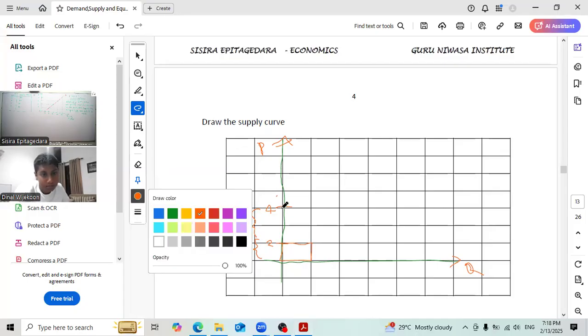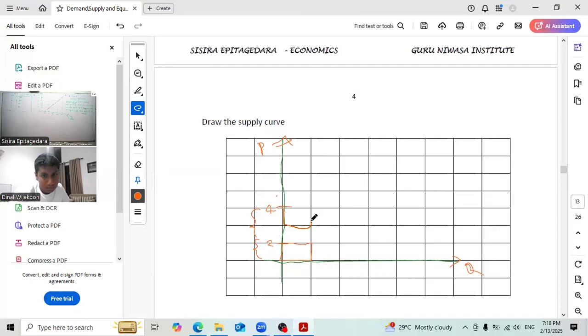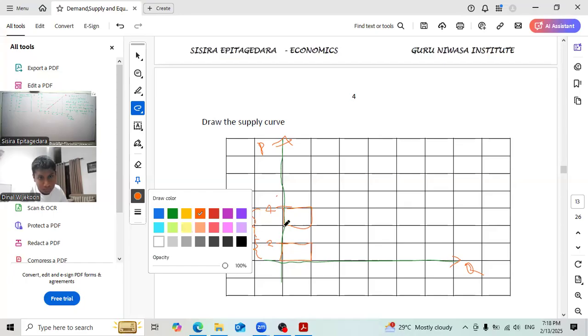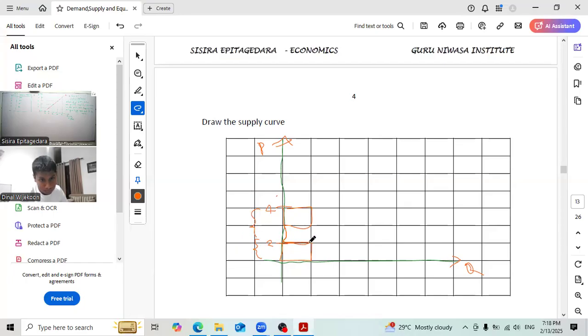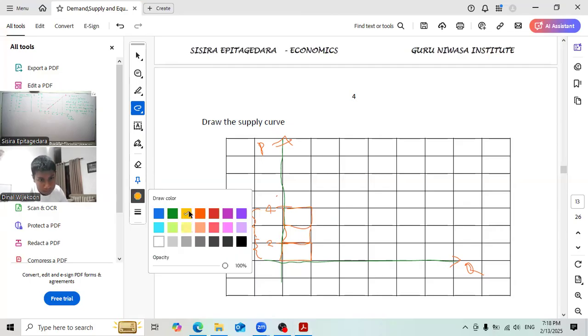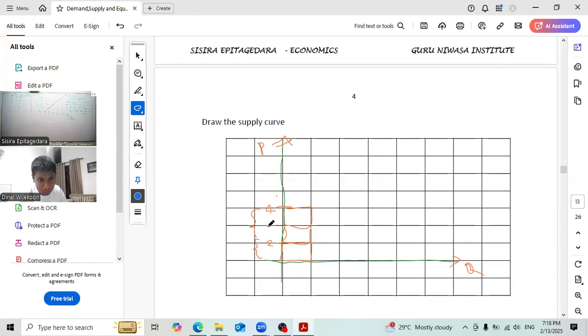Yes, sir. This is price 1, right? This is the second one. This is second. Clear? Yes, sir. Then you could have marked 4 here after one square. Clear?